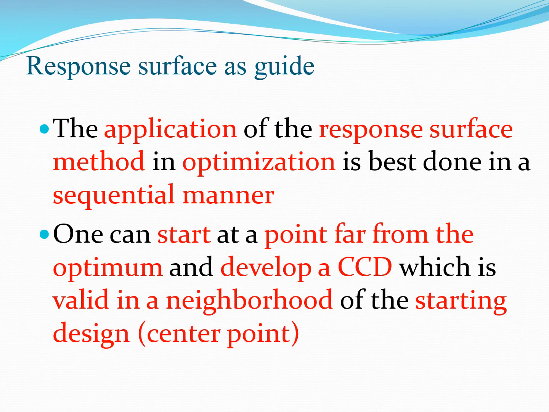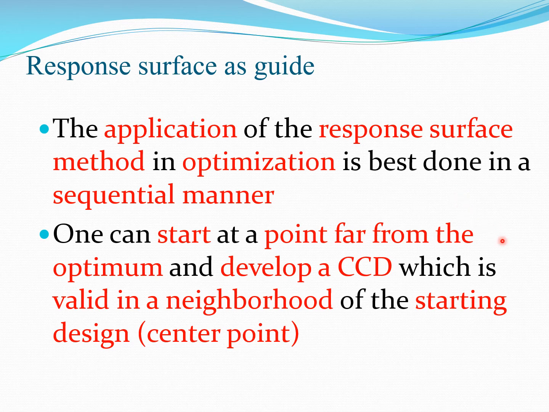Now we also see that because of the validity aspects of the response surface method in optimization, you need to move slowly through the design space by taking small steps, and therefore it is best to perform response surface based optimization in a sequential manner.